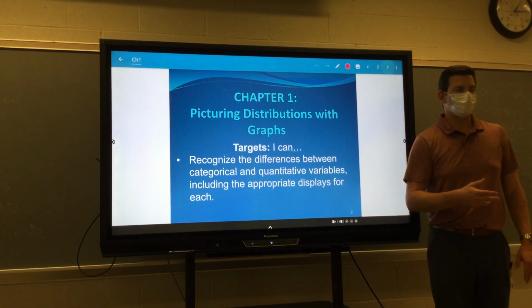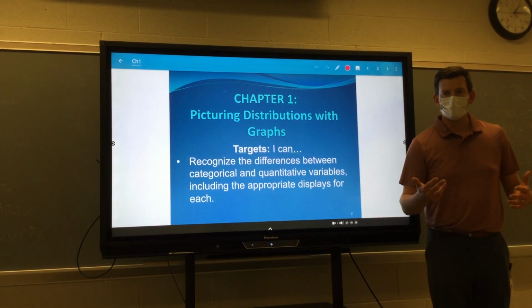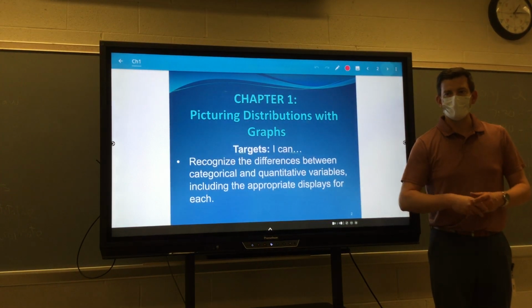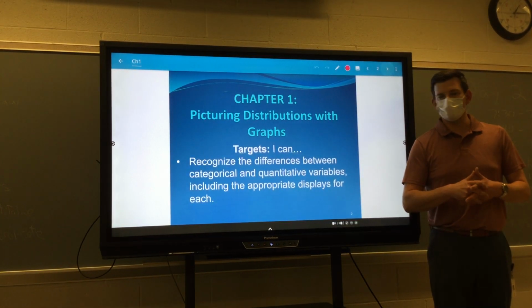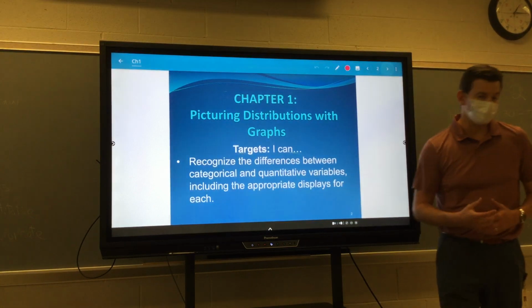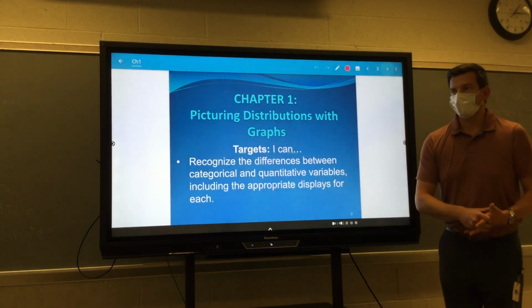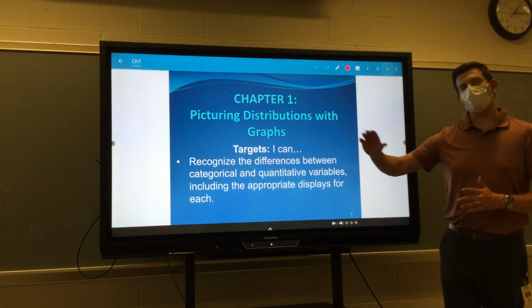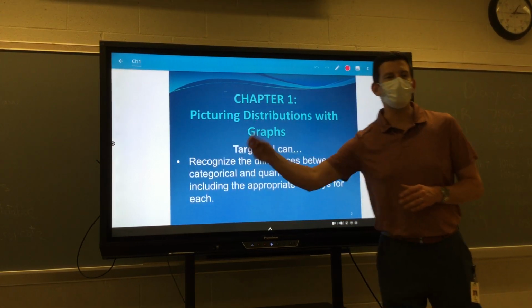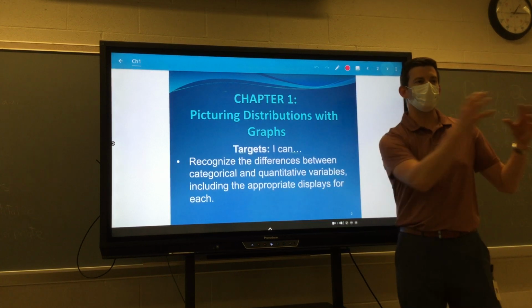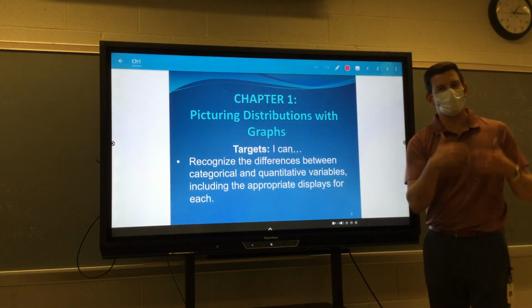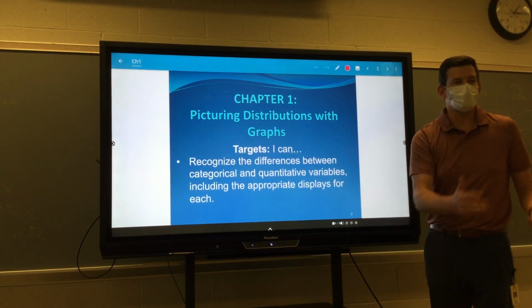Bar graphs, pie charts, stuff like that. You know the tools at your disposal. We're going to be doing an activity next week that uses the technology that we have available to help create those. But for today, it's important to think about why you would use one display over another when you're trying to convey your message about the data.